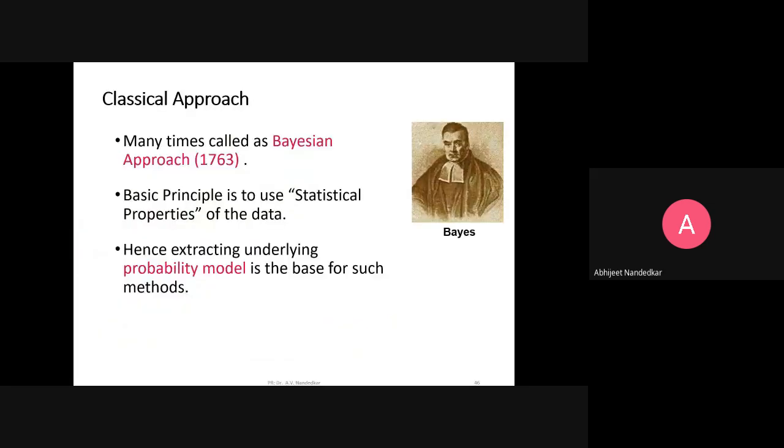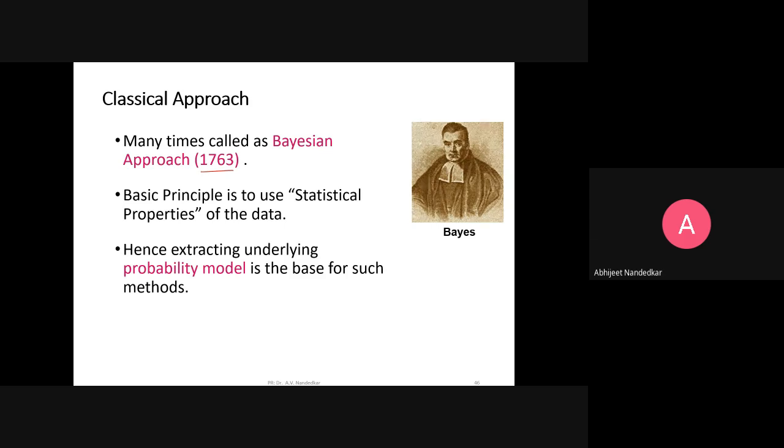So we will see quickly what these approaches are, and then from next class onwards, we will start our actual business. The classical approach came in 1763. It was proposed by Bayes, and it was not in this form that we are learning now, but it was for predicting in terms of probability.